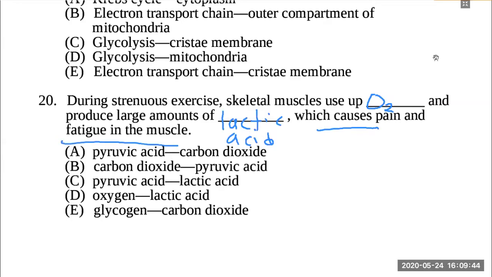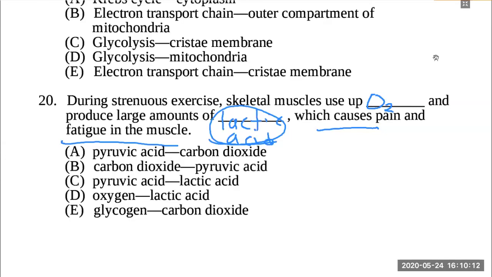For example, if we are not doing any exercise for a long period of time and we immediately start exercising, we can feel pain and fatigue in our muscles due to lactic acid, because the amount of oxygen is not sufficient to produce a sufficient amount of ATP.